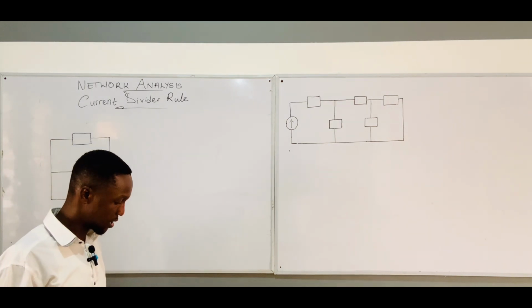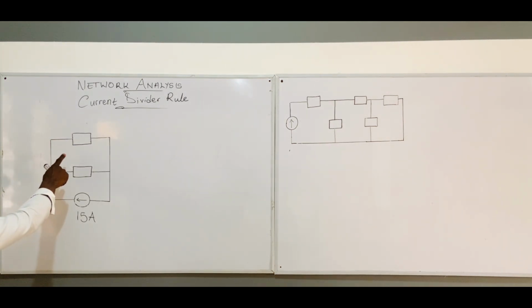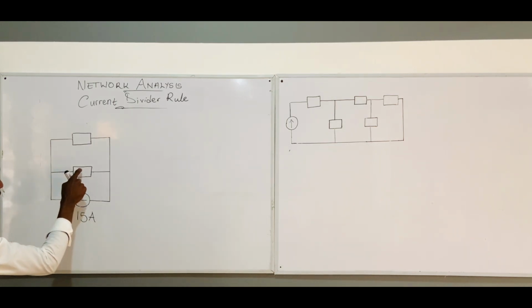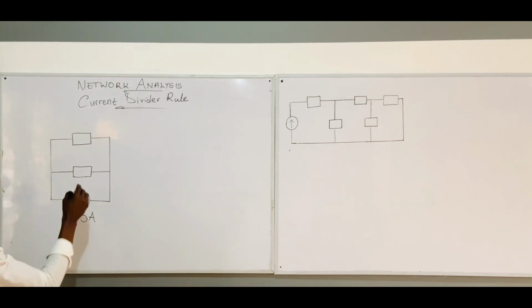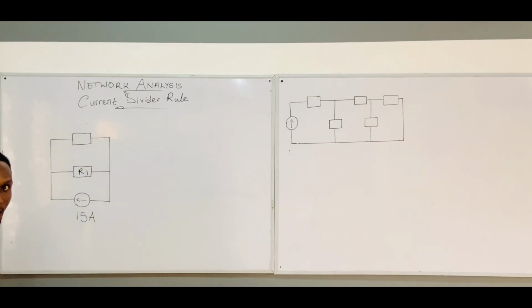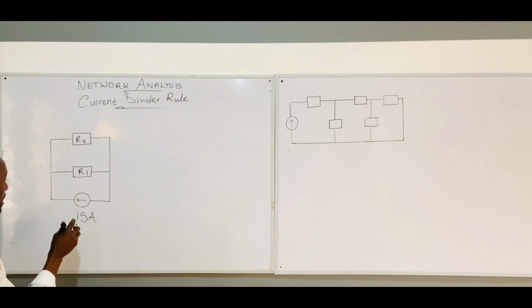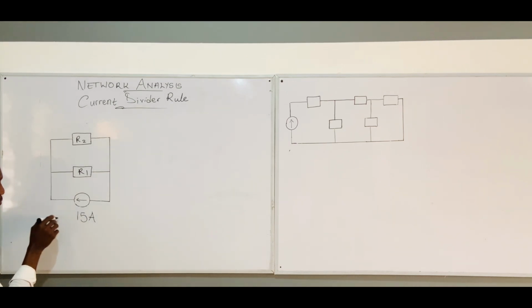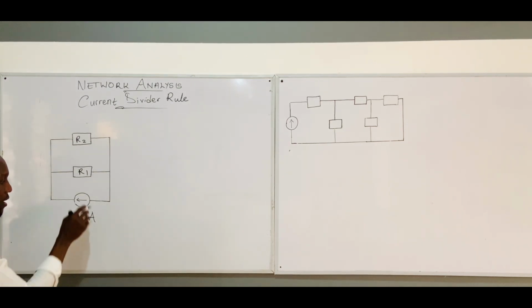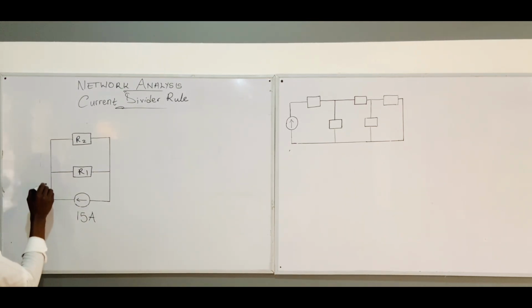Let us label the branches here. Let's assume that this is R1, resistor 1, and this is R2. This current, which is passing through R1 and R2, will move in this direction.